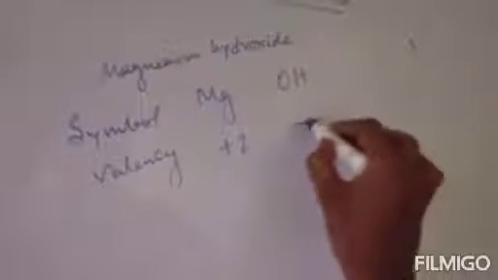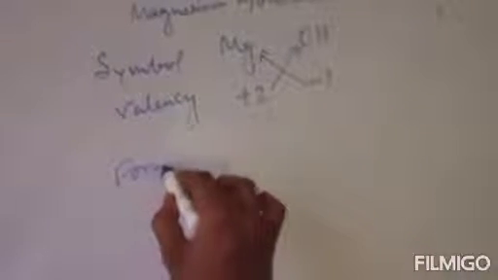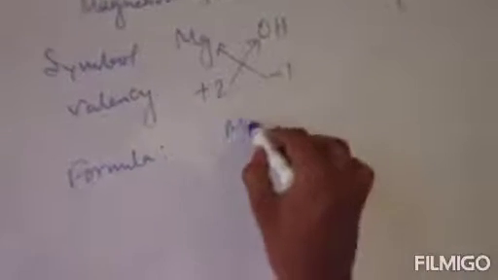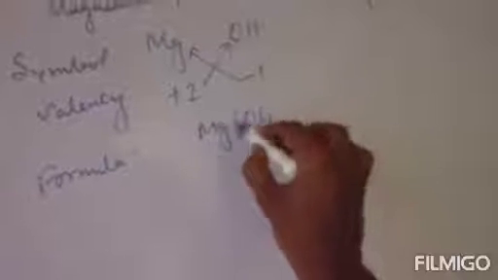Symbol of magnesium is Mg and hydroxide symbol is OH. Now valency of magnesium is +2 and hydroxide is -1. Then just cross multiply. So final formula will be Mg(OH)2. So Mg(OH)2 is the final formula of magnesium hydroxide.